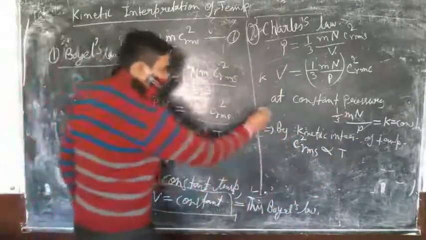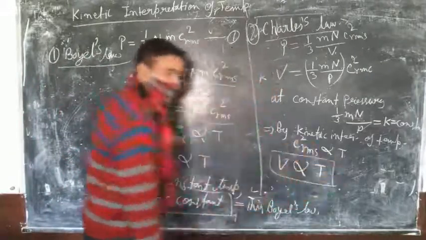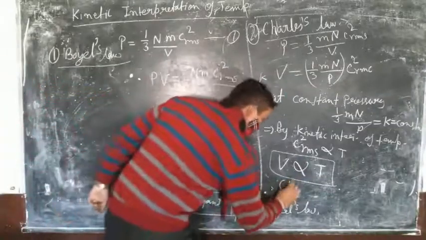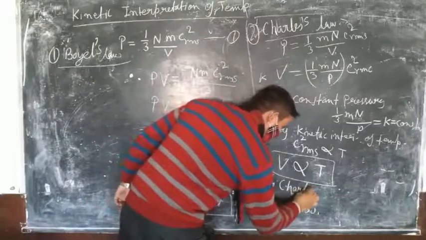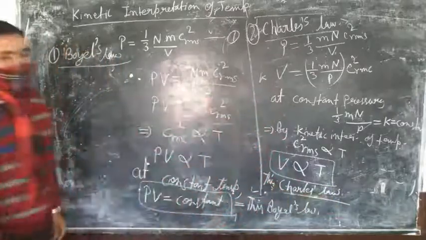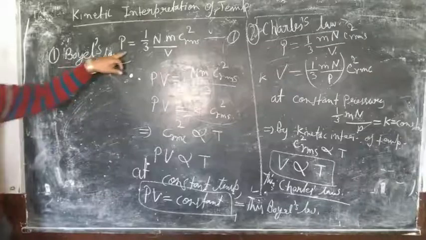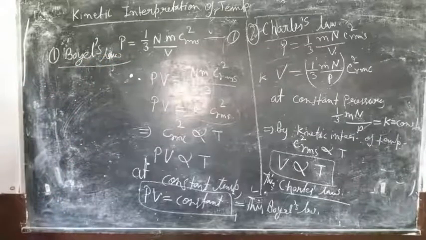So from here we get V is directly proportional to T. This is Charles' law.